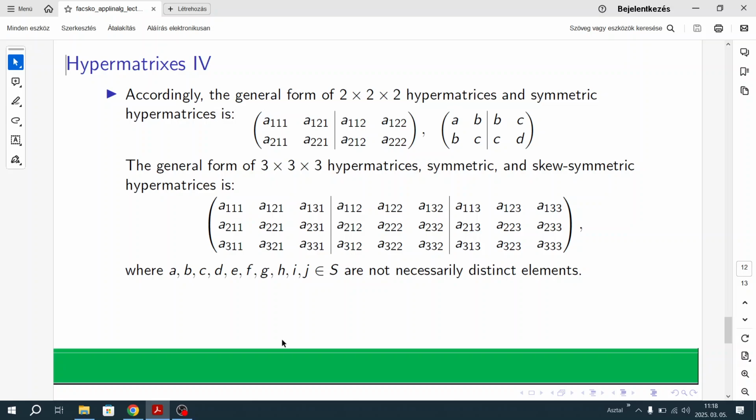This is a 2 times 2 hypermatrix. The symmetric matrix is that one. This is quite interesting because remember the symmetry. Symmetry means for a normal matrix, it's symmetric about the main diagonal. But now we are in space. So, zero space.